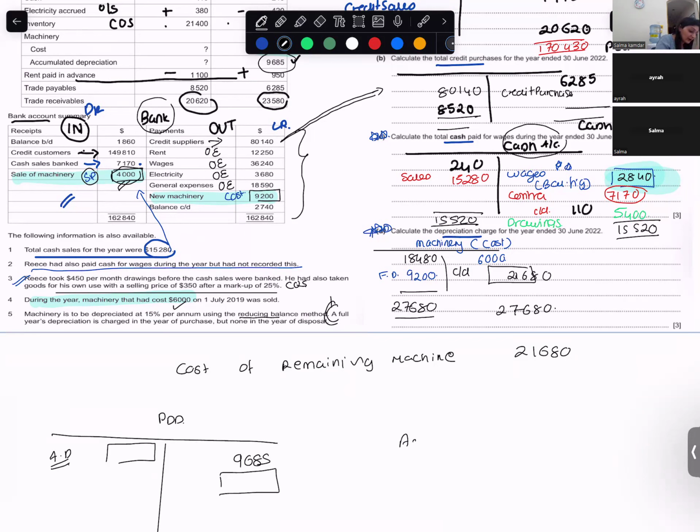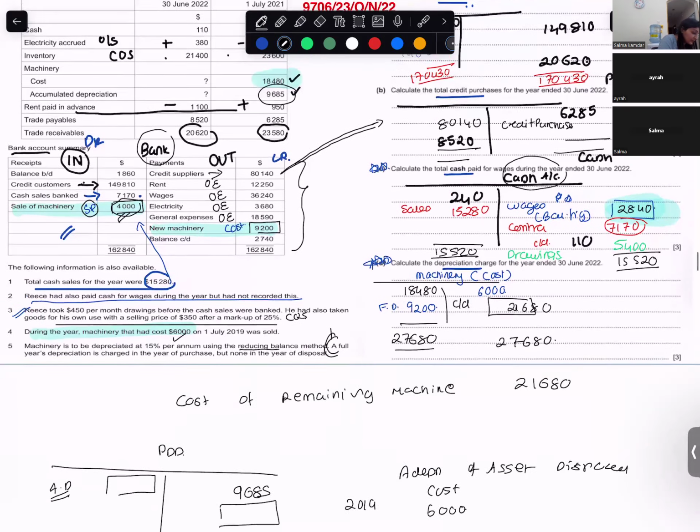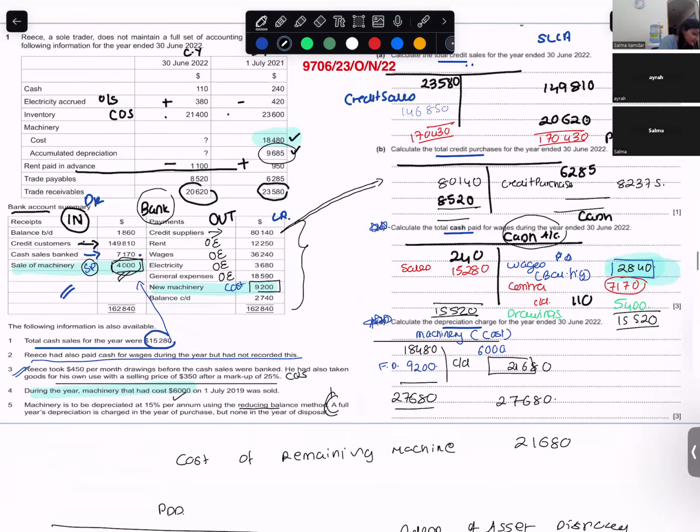How? You'll have to do it for all the years. So 6,000 was the cost on 1st July 2019. We are in which year? In 2022.